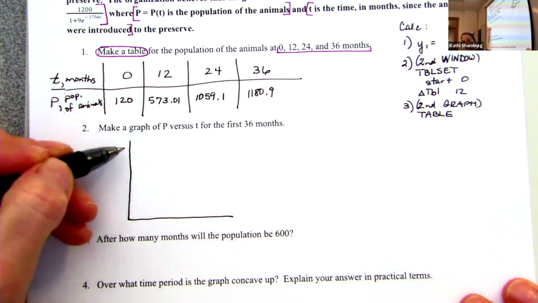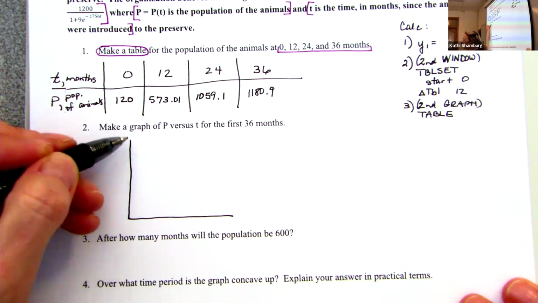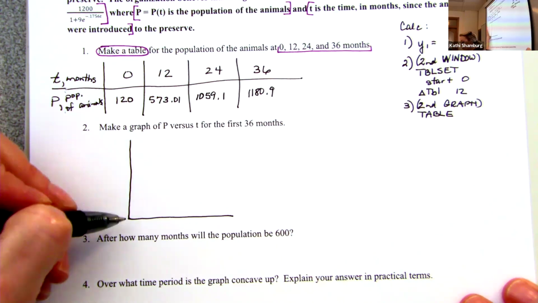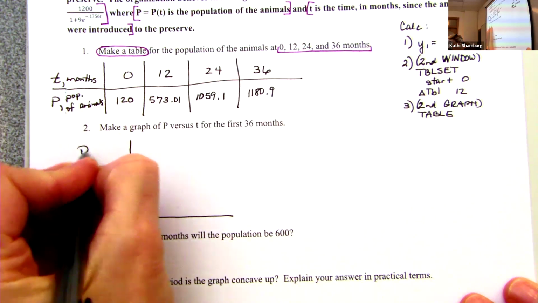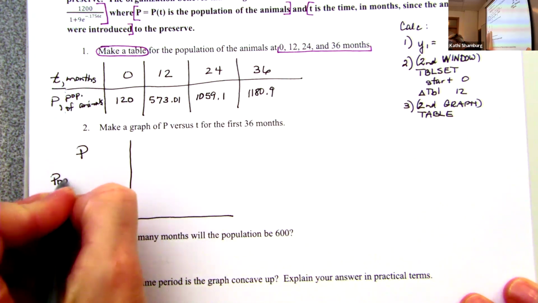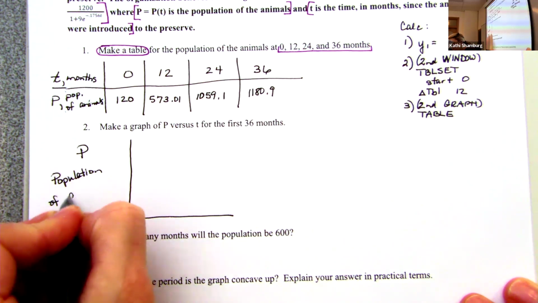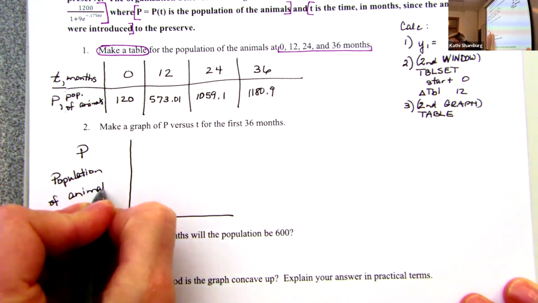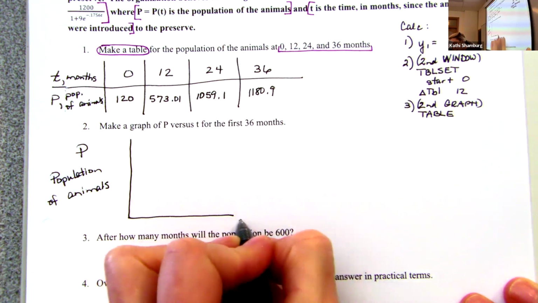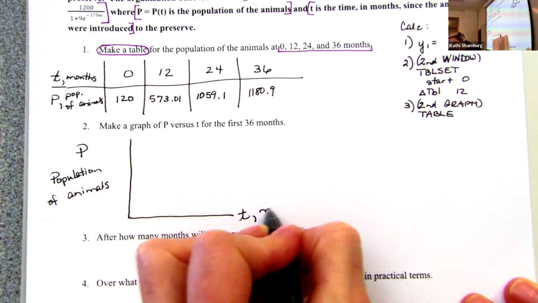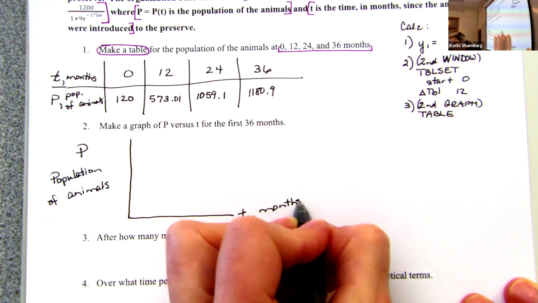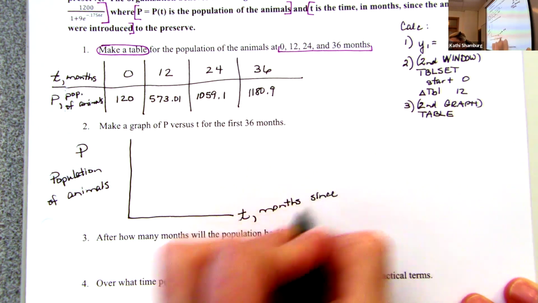So the vertical one, the one that goes up and down, is that your function or variable? Function, so that's going to be P, population of animals. And then my variable, the horizontal, which is months since introduced.